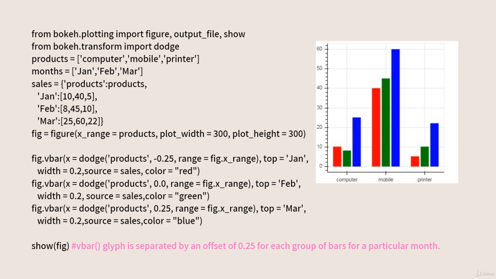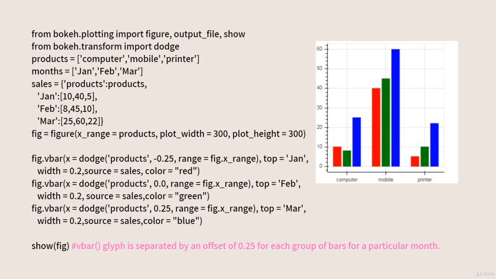Once the vbar has been used to showcase the sales of computer in January, February, and March. Then again, the vbar function has been used to showcase the sales of mobile in the months of January, February, and March.